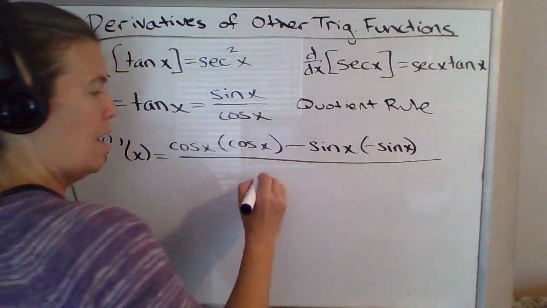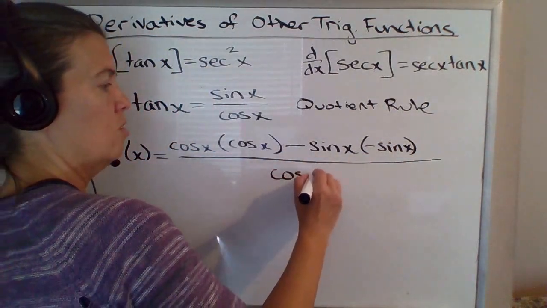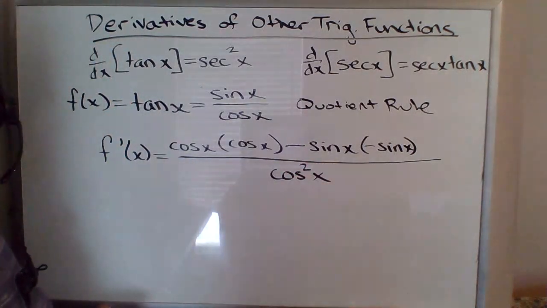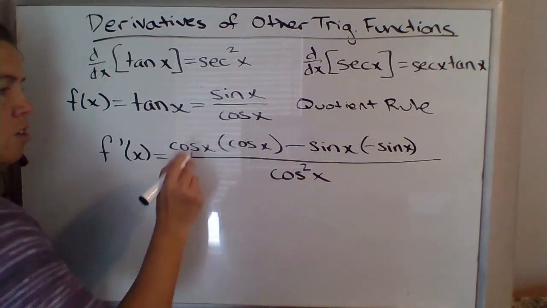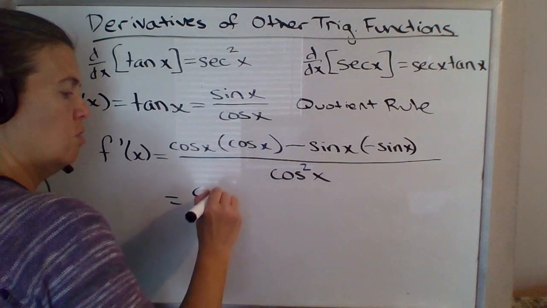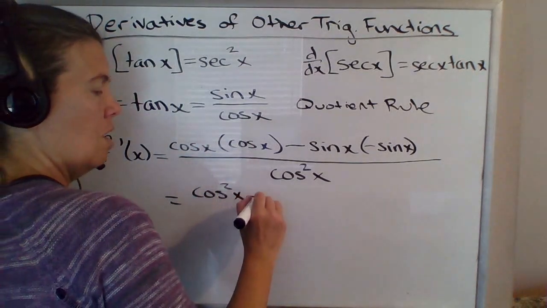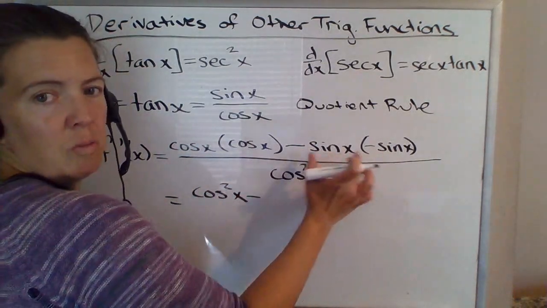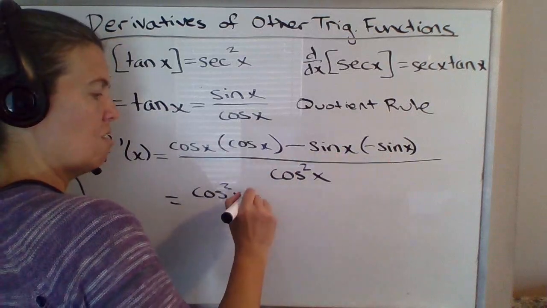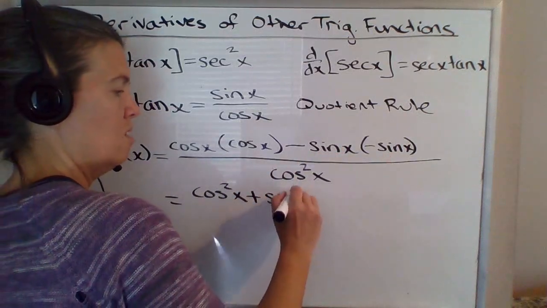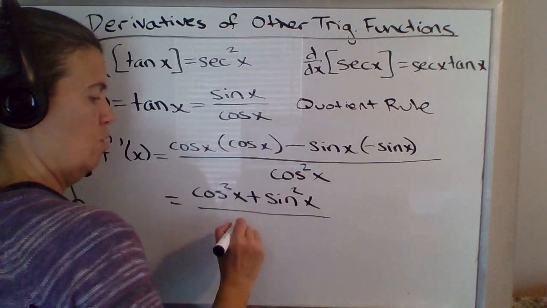All divided by the bottom function, cosine x squared. Okay, so I've got cosine times cosine, that's cosine squared, minus, but then this is negative sine x times negative sine x, so that's positive sine squared, over cosine squared.